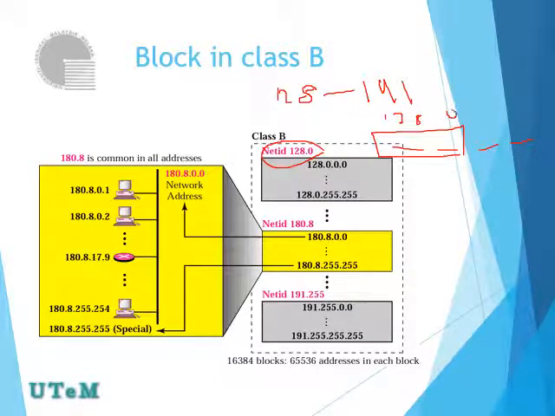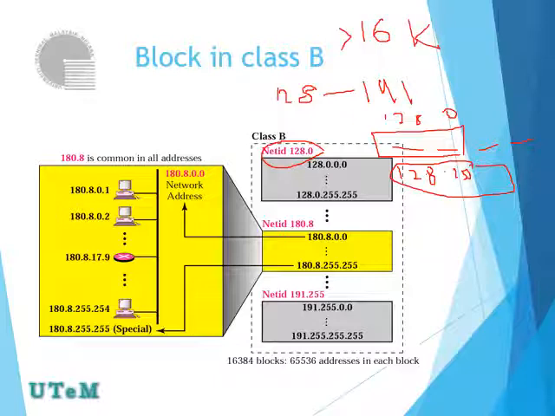128.0 and then until 128.255, so you have a lot of blocks. There are more than 16,000 blocks in class B that you can have, because the first two octets represent the net ID, so you can have many combinations.